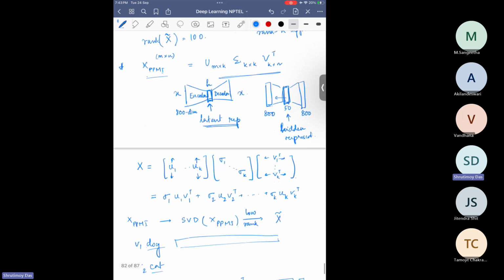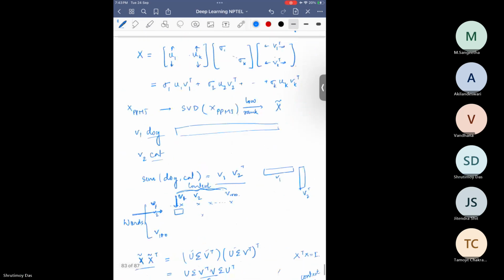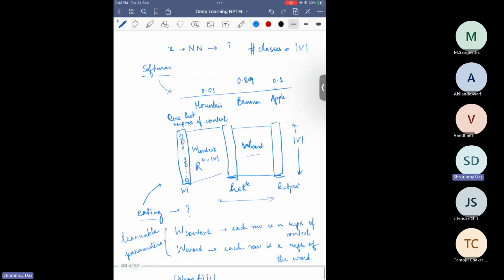So in word2vec, we saw that this first part, where we are given the input and we get to this hidden representation, these weight matrices are said to be W context. And when we're going from the hidden representation to the output, these weight matrices are said to be the representation that we learn of the words.